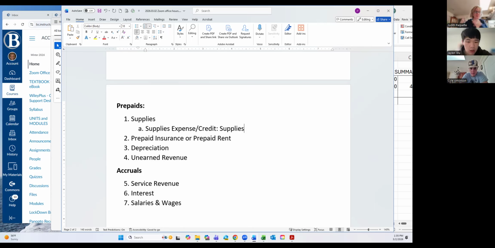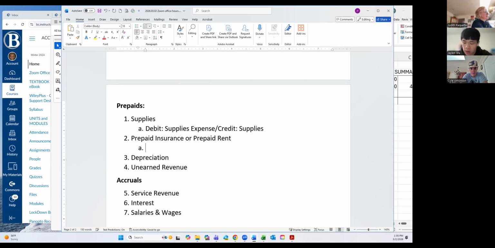Right. So we buy the supplies earlier. We put the supplies in the stock room, and then we keep pulling supplies out, and then we count the supplies at the end of the month, and we say, oh, we must have used these up. Debit supplies expense, credit supplies. Do you know what it is for prepaid insurance or prepaid rent? So here we do the same thing, insurance expense.